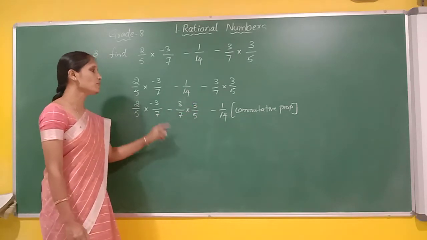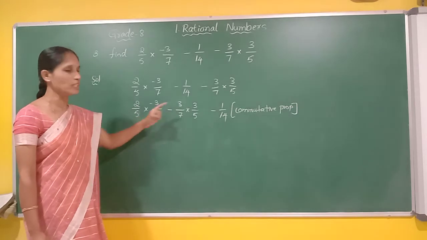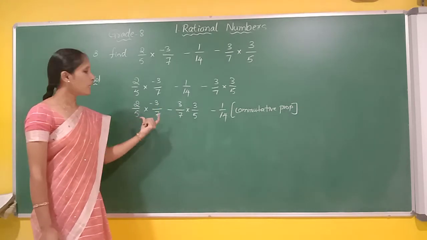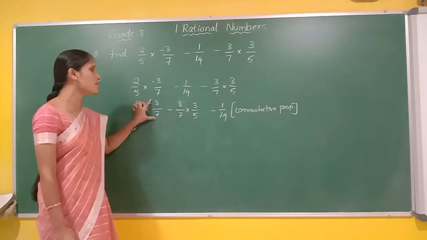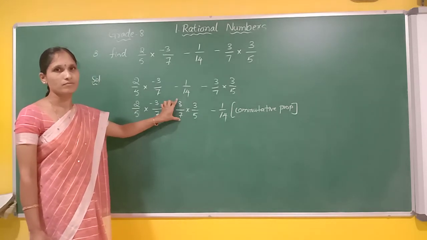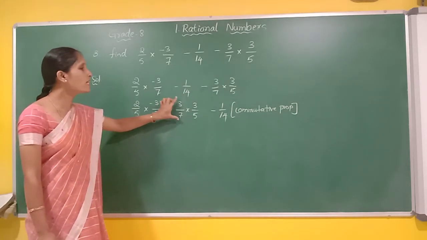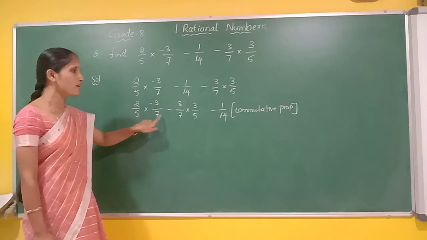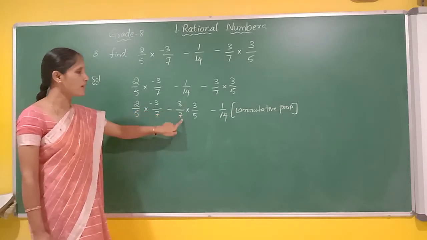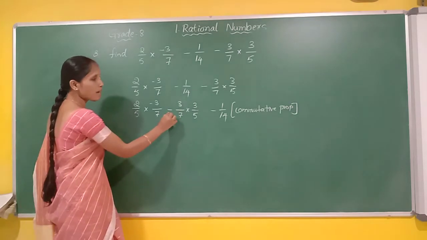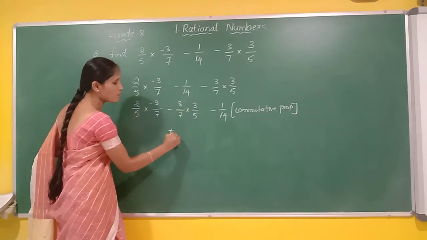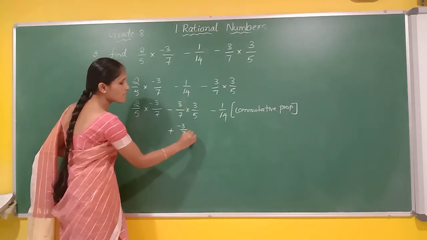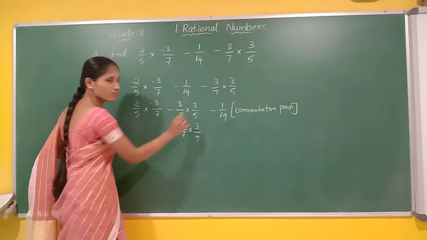Now we can observe 3 by 7 is a common factor in these two terms. Before taking it as common, here it is minus 3 by 7, but in this term plus 3 by 7. So this minus 3 by 7 we write as plus of minus 3 by 7 into 3 by 5.